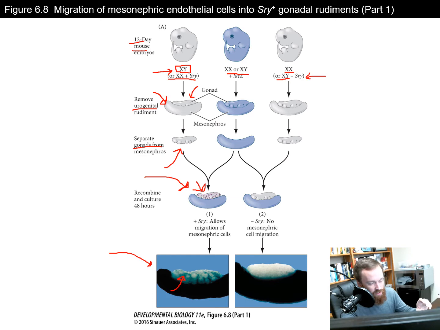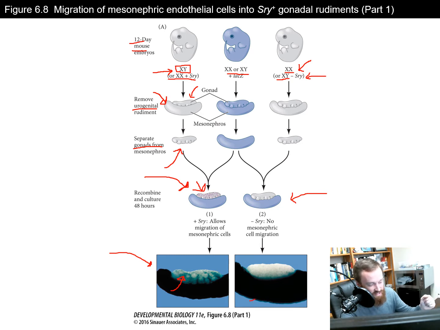Now, we want to see if this is the case in all mice or only mice that have the SRY gene. So in the control, they took female or male mice, but we got rid of the SRY gene, and we did the same combination. We took the gonads and recombined them with that kidney tissue to see if we can see this migration.